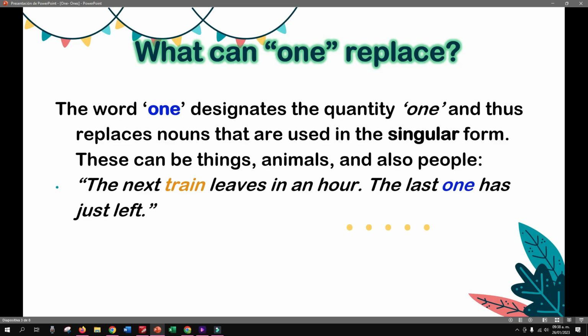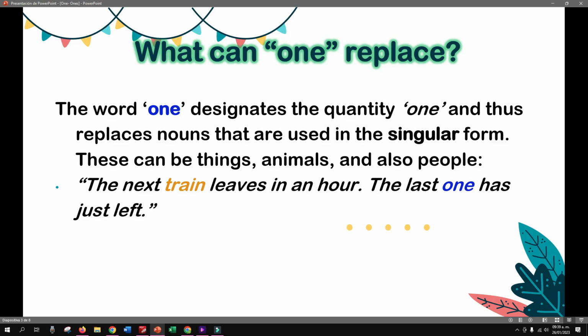So it says the word one designates the quantity one and thus replaces nouns, right? For what? Singular nouns. They can be things, animals, and people, but in singular. For example, the next train. You're talking about what? The train, one train, right? So it leaves in an hour. Period. So the last one, when you add there one, you're talking about what?